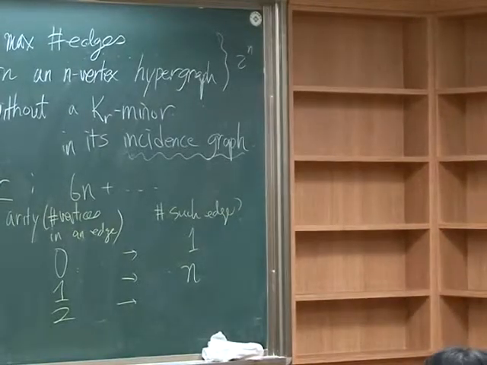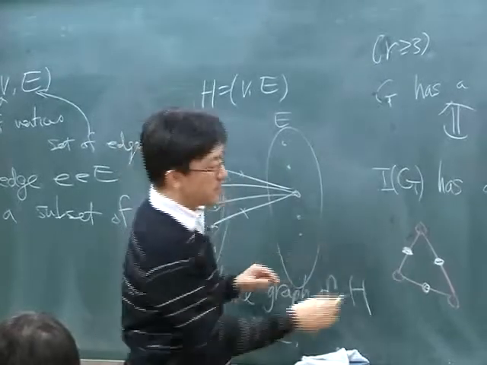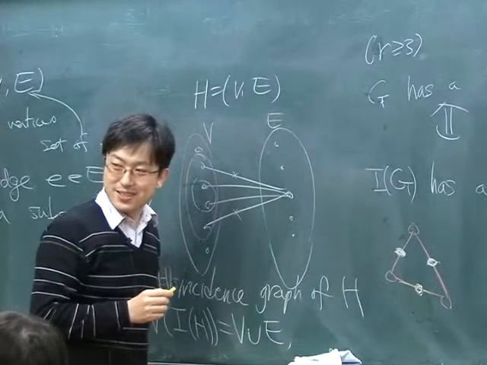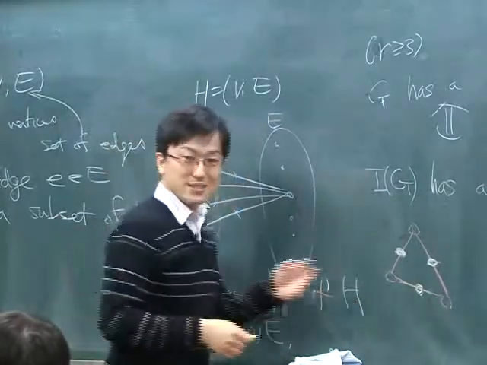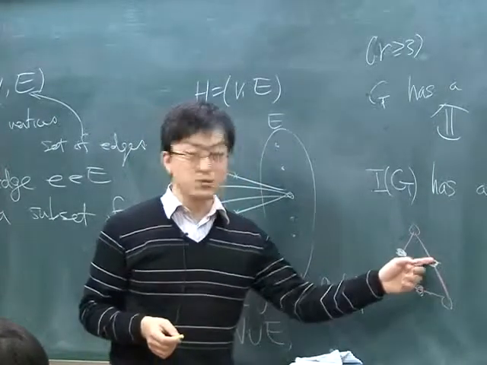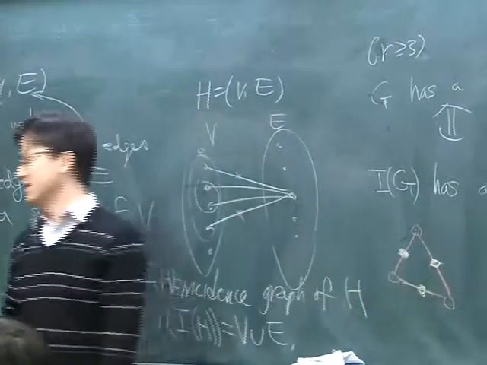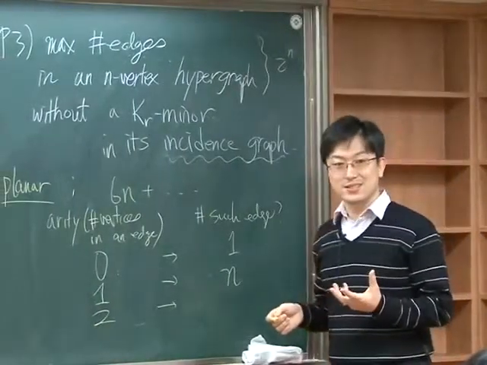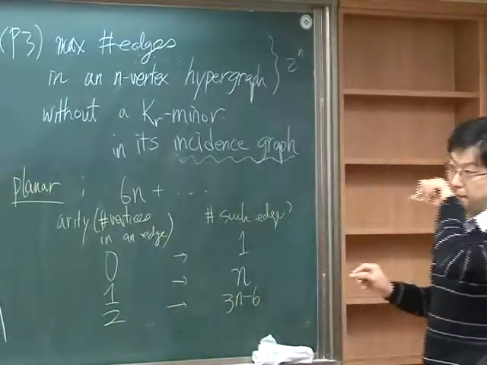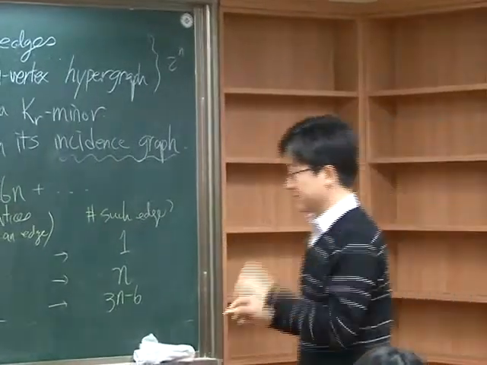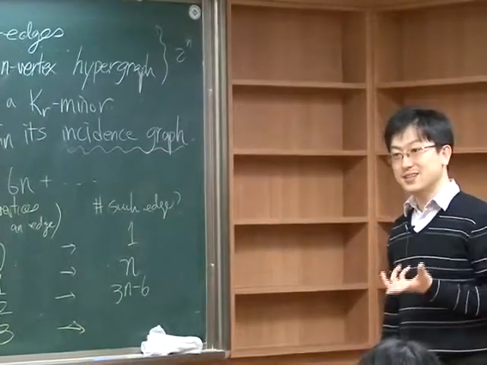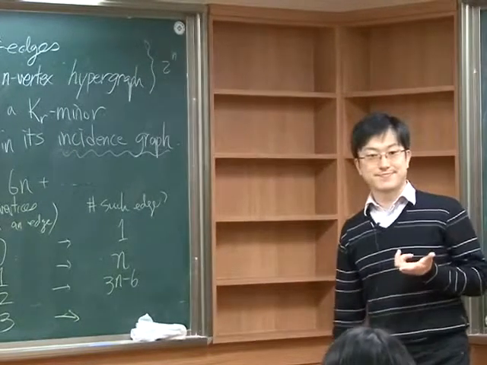If every edge has exactly 2 vertices in it, then the graph is the instance graph of a planar graph, and the number of such edges corresponds to the number of edges in a planar graph with n vertices. So it's 3n minus 6, by the same theorem from Euler's formula. What's remaining is the number of edges where each edge contains at least 3 vertices.